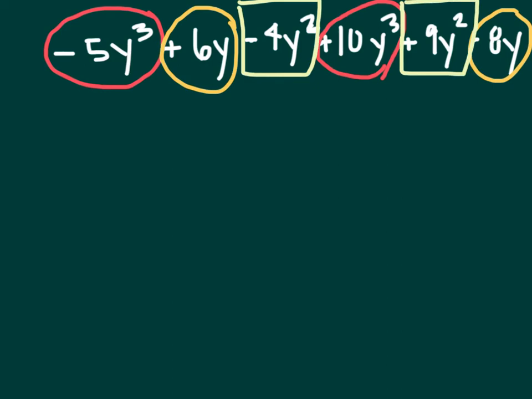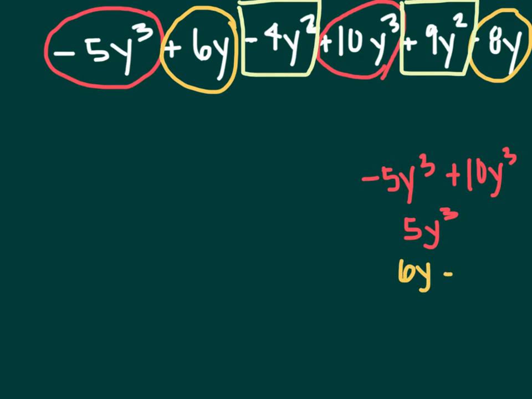Now I just have to add or subtract my coefficient, or my front term. So negative 5y cubed plus 10y cubed is really just negative 5 plus 10, which will give me a positive 5, and y cubed will come along. Going to my y terms, positive 6y minus 8y will give me negative 2y.